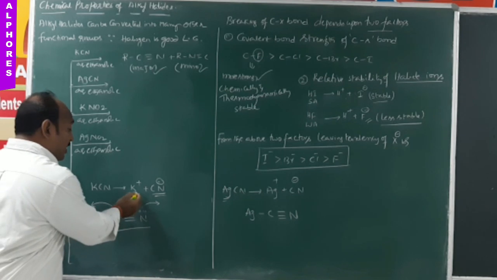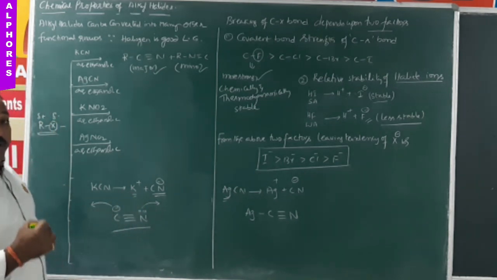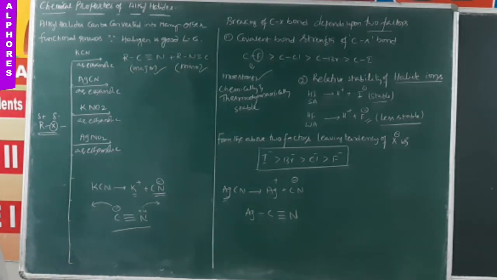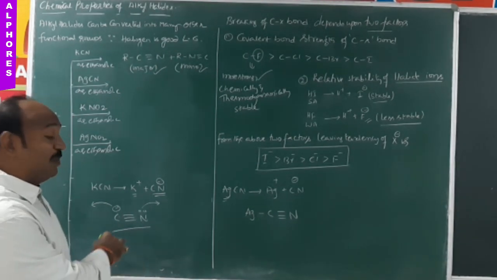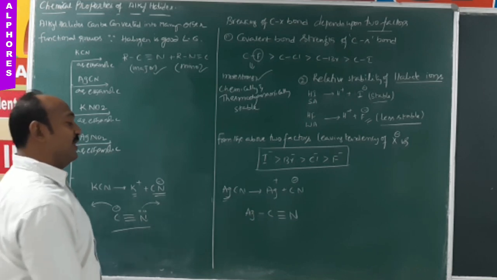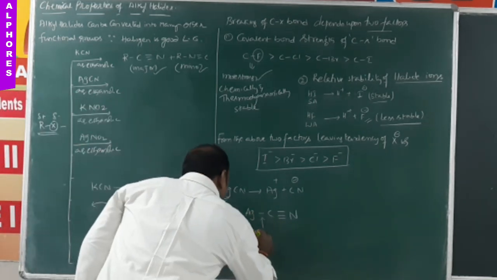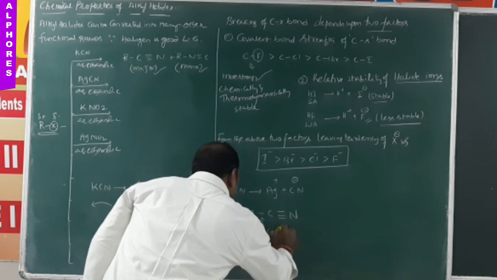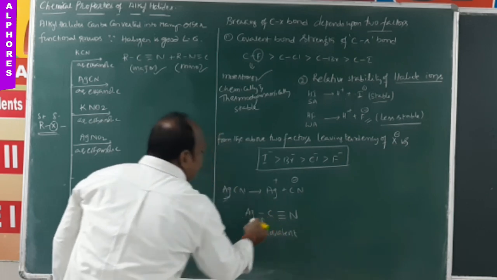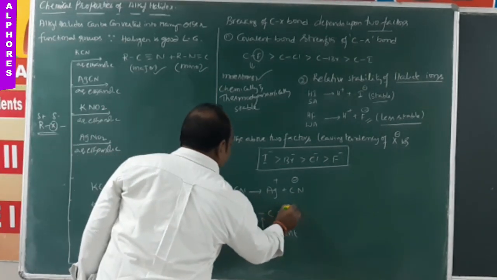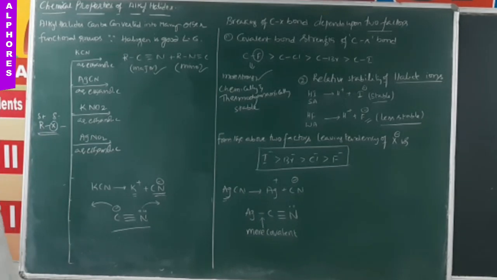Here potassium is a 1A group element. Being a 1A group element, it is most metallic and it readily dissociates that bond and exists as K plus. But such tendency for Ag plus is less compared to K plus. That's why we can say the AgC bond is more covalent. Because of the more covalent nature of the AgC bond, it is not going to break. Meanwhile, nitrogen is going to take part in the reaction.